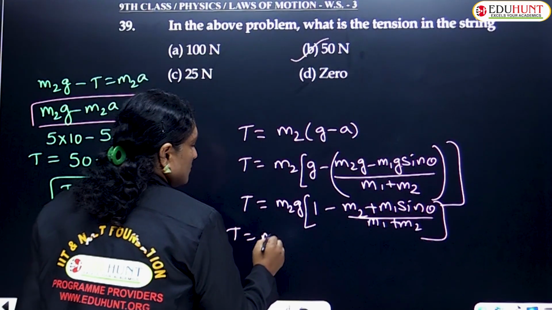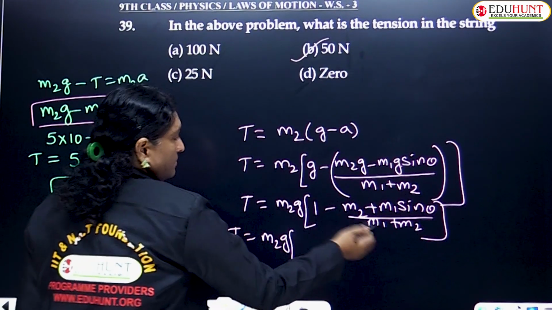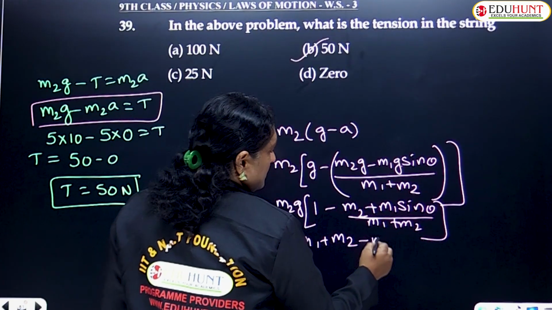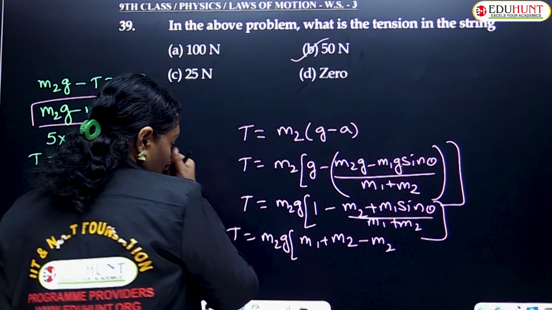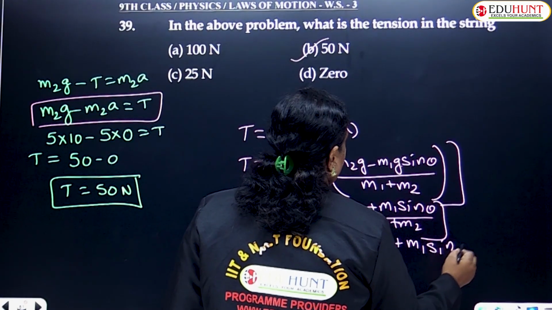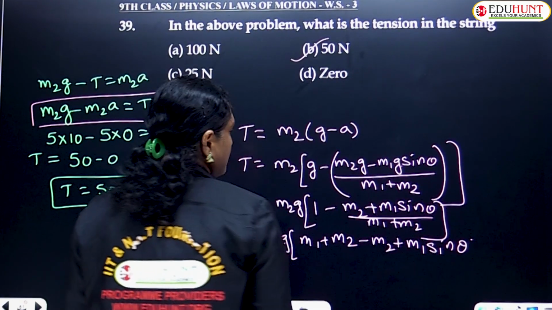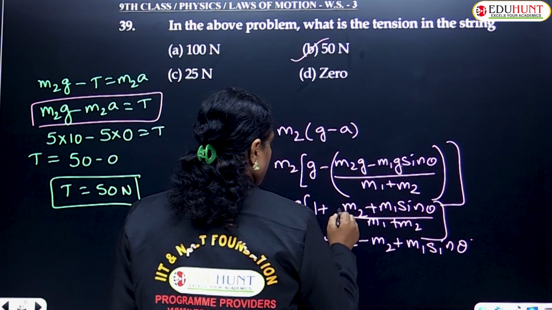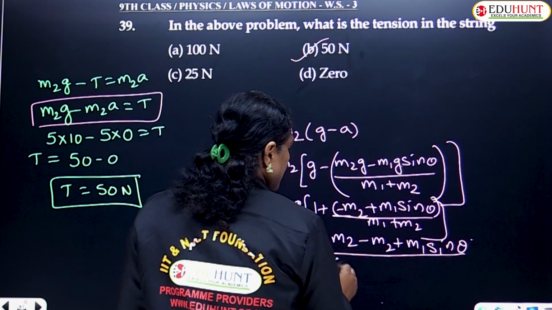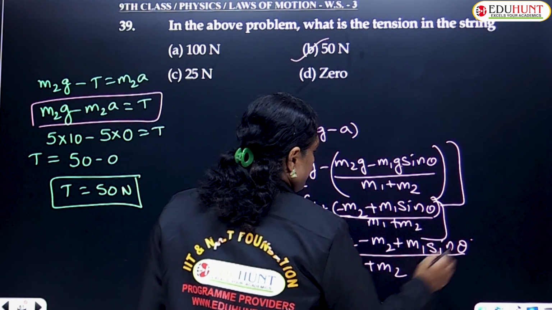LCM: m2g into m1 plus m2 minus m2 plus m1 sine theta. Already I took the minus inside. This may help you. Whole upon m1 plus m2.